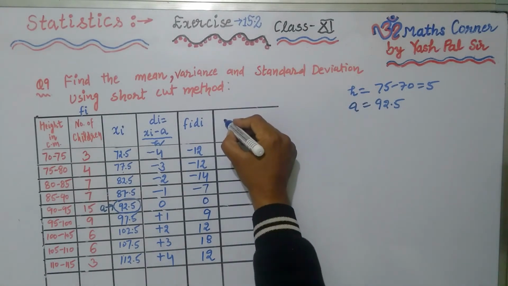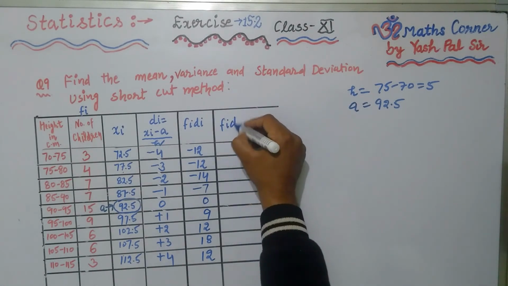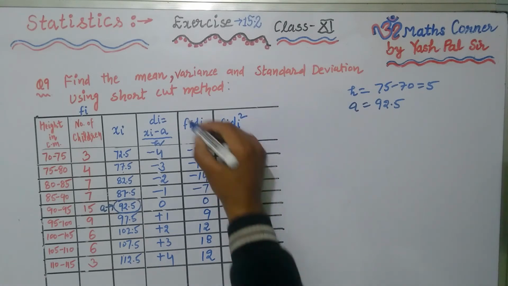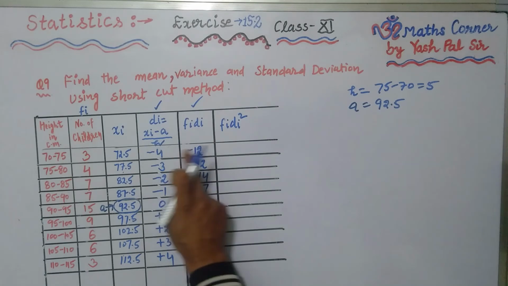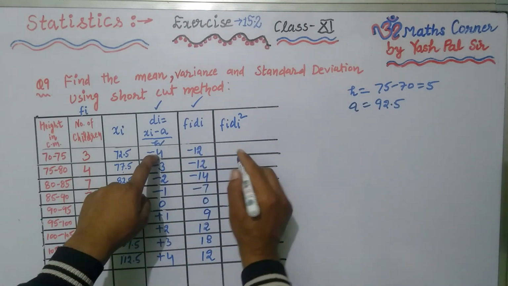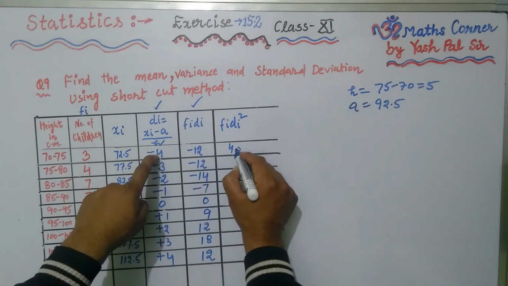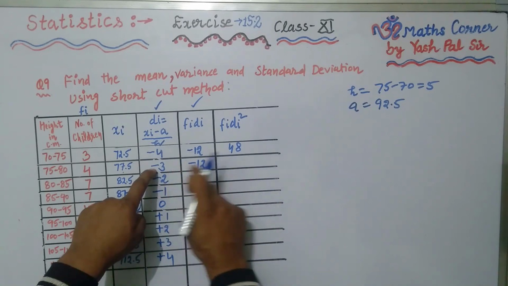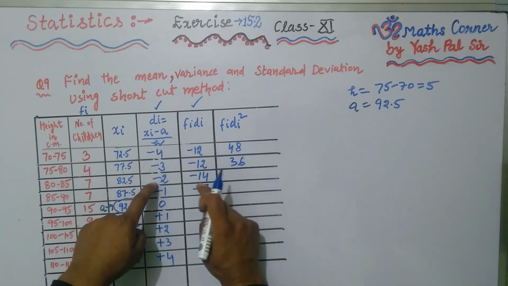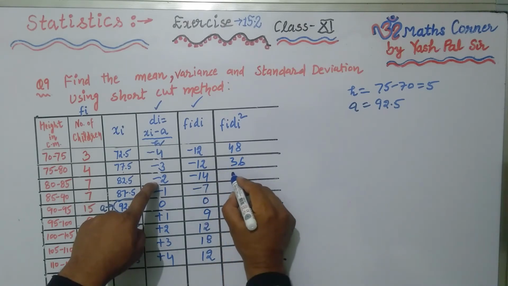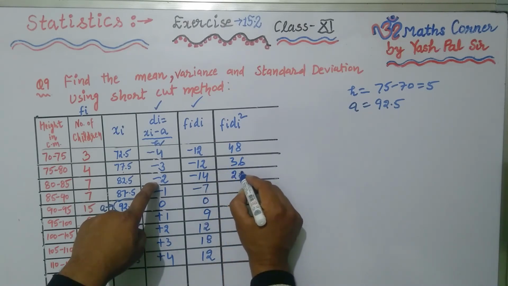In the last column we find fi di whole square, that is the product of this column and this column. Minus 4 into minus 12 is plus 48. Minus 3 into minus 12 is 36. Minus 2 into minus 14 is 28.